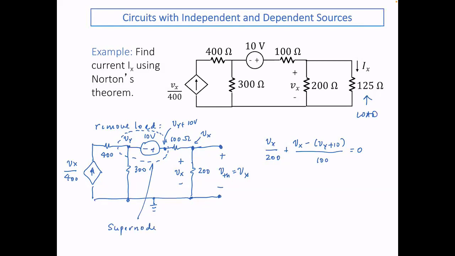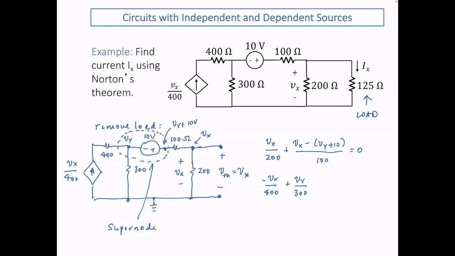So what is my KCL equation for the supernode? I have this current coming into my supernode, negative because it's entering. So that's minus Vx over 400. I have this current going down. That's Vy over 300. And then I have this current that's going to the right. But what is this current?